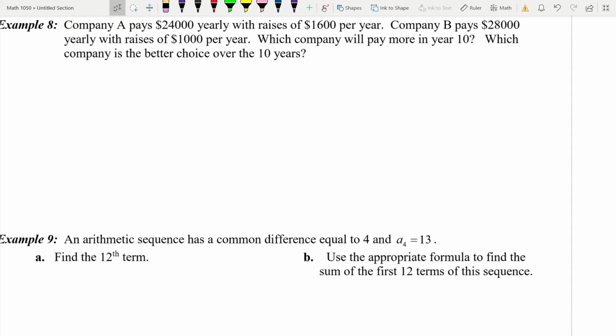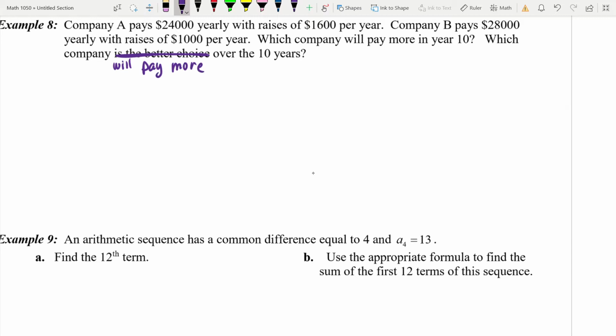I don't like better choice, so cross that out, because money is not the only important thing in a job. Are you happy? Is your boss nice? Do you feel like you're making a difference? So which company will pay more over the 10 years?